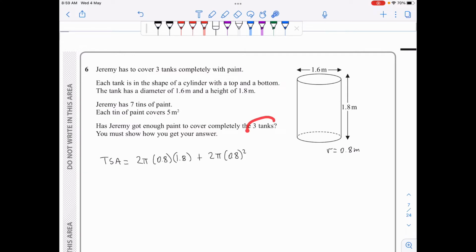Notice that we're talking about 3 tanks here. This expression here corresponds to 1 tank, so I'm going to multiply this by 3.